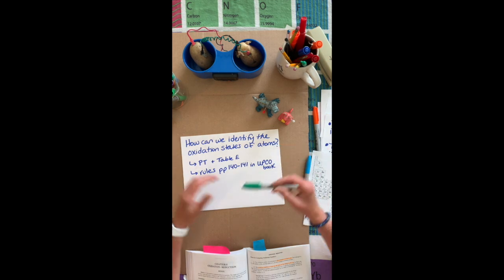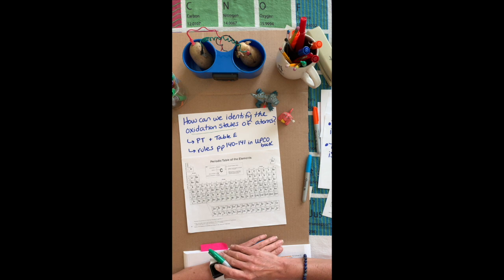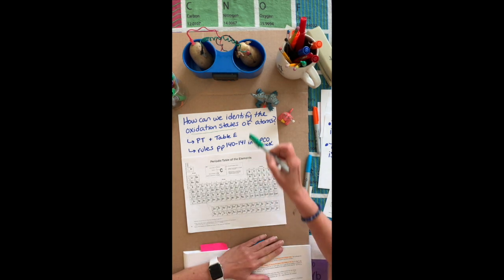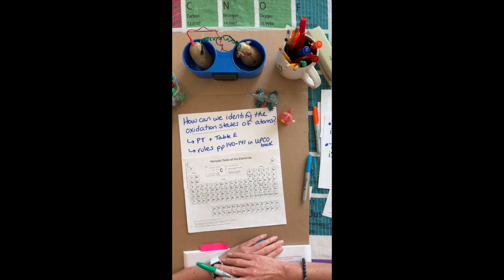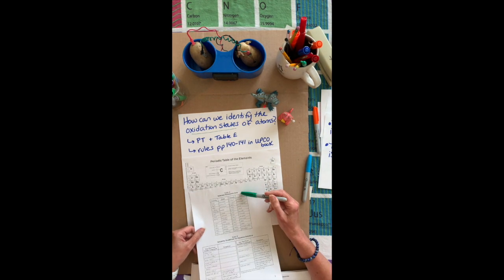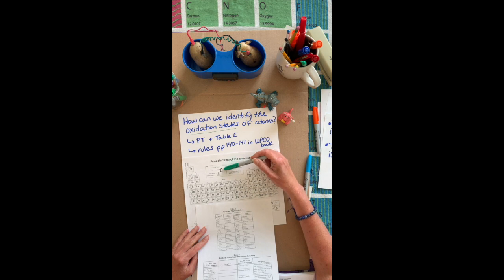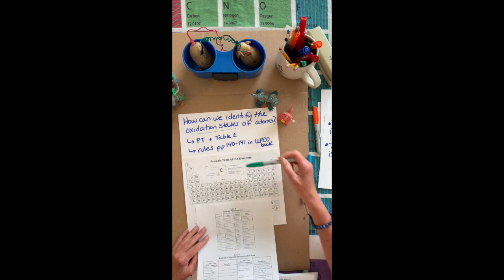I hope this is sounding a little familiar to you because in our unit on writing formulas, we had to use the oxidation states of elements and the oxidation states of polyatomic ions to help us. So we need our periodic table because the selected oxidation states are written in the upper right-hand corner of individual atoms.